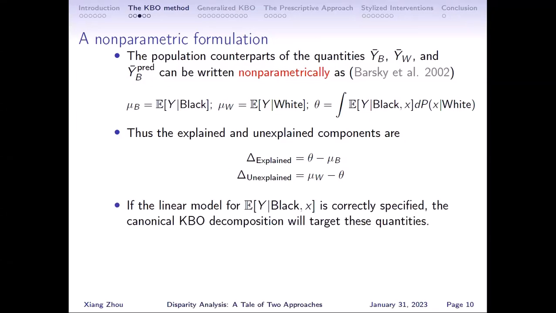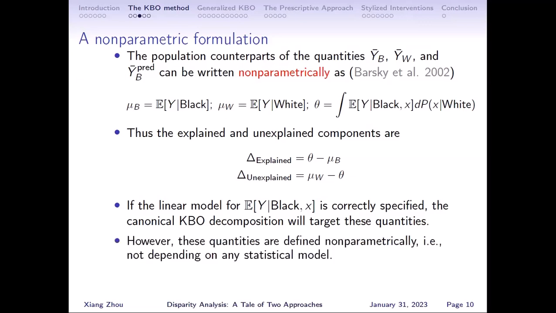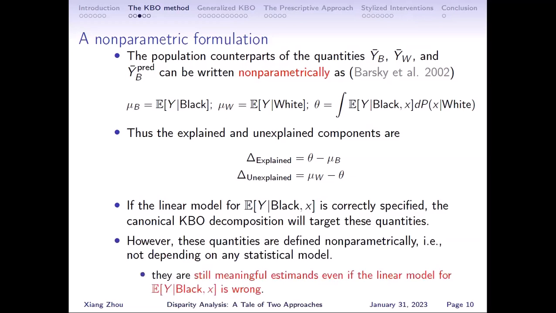And if the linear model for the conditional mean is correctly specified for Black students, then the canonical KBO decomposition will correctly target these quantities. However, these quantities, as we mentioned, are defined non-parametrically. They do not depend on any statistical model, which means they are still meaningful estimates even if the linear model for that conditional mean is wrong, right?